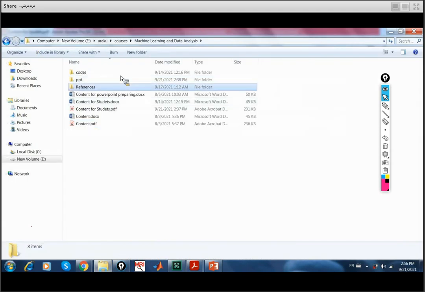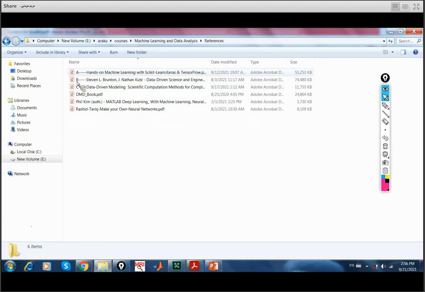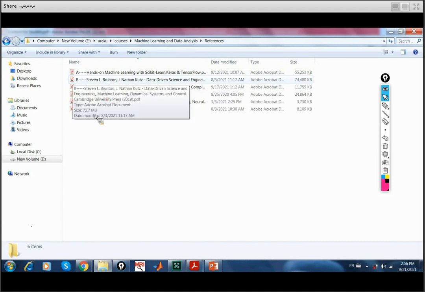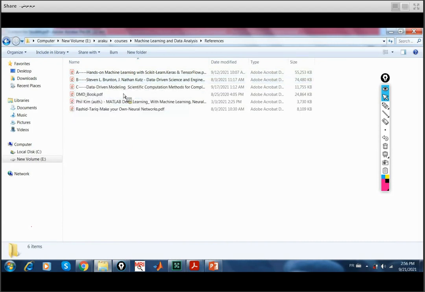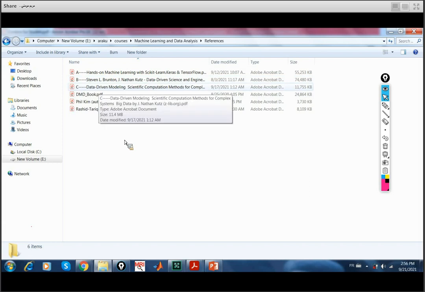Reference A is about machine learning. Reference B is about data-driven analysis. I will send them for you in LMS. Okay?